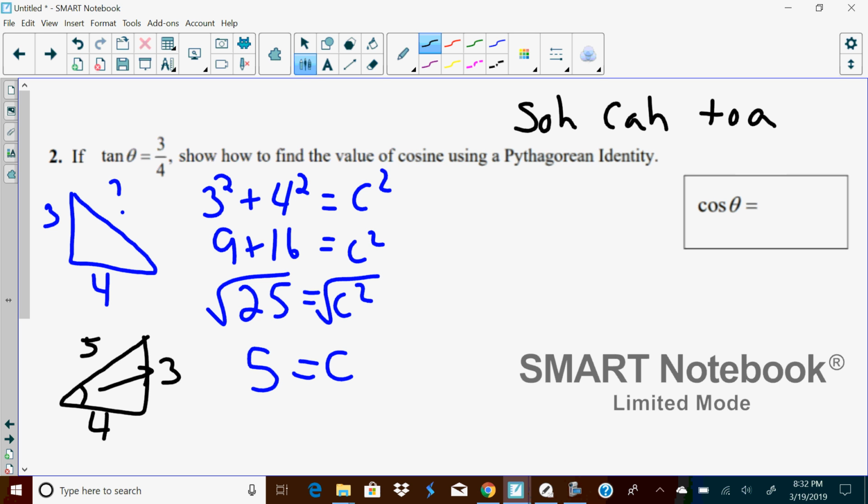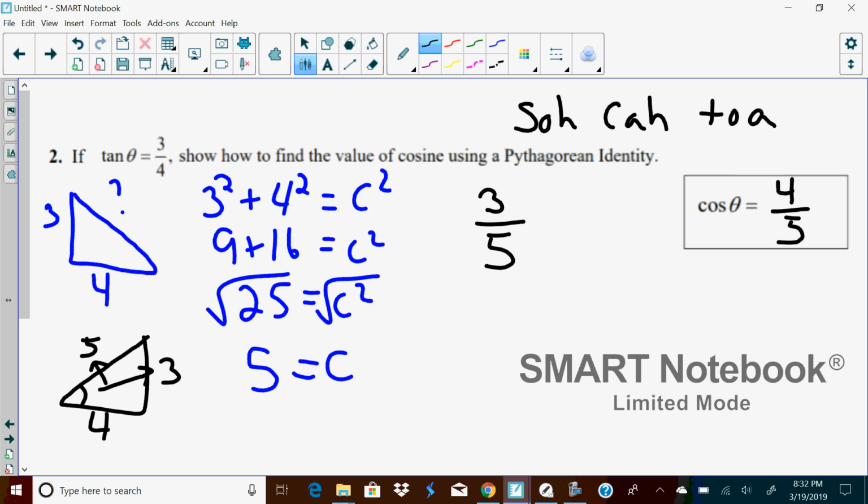So my opposite is 3, and my hypotenuse is 5. So sine would have been 3/5. But SOHCAHTOA says cosine is adjacent over hypotenuse, so cosine is going to be 4/5.